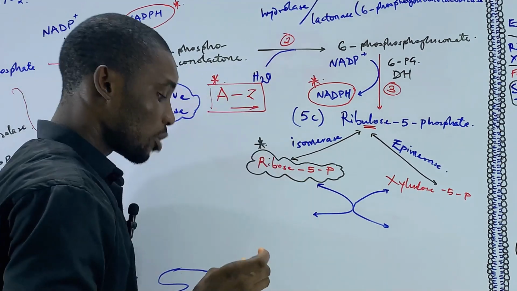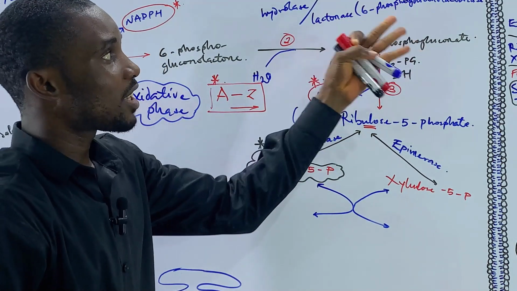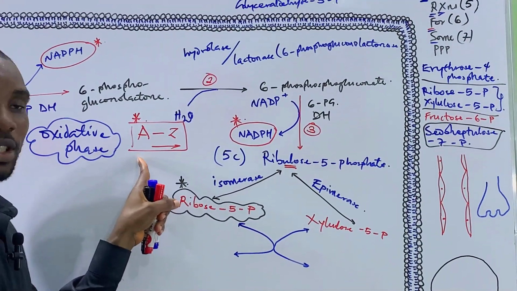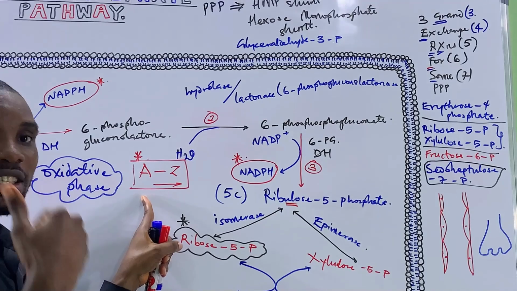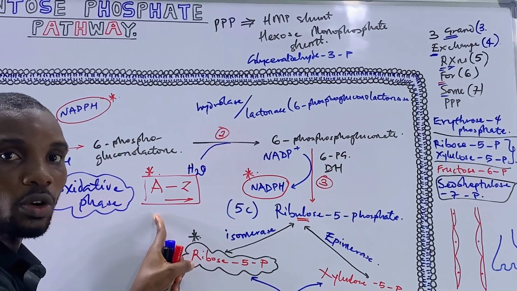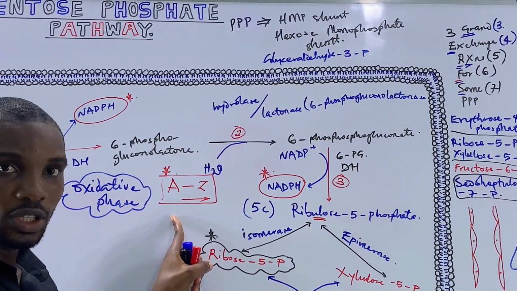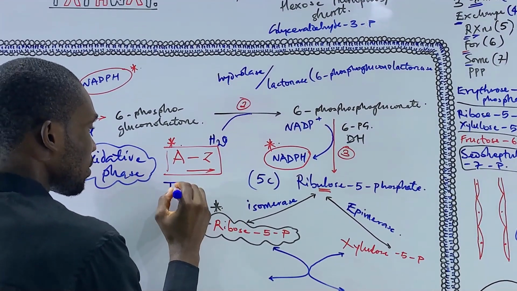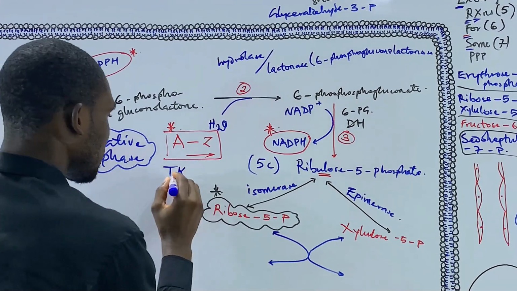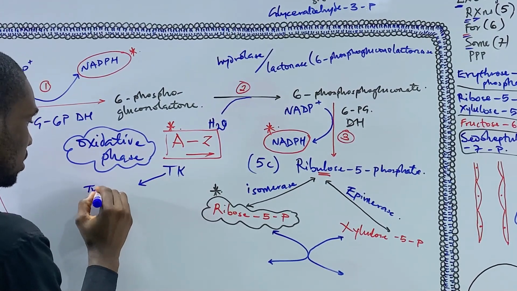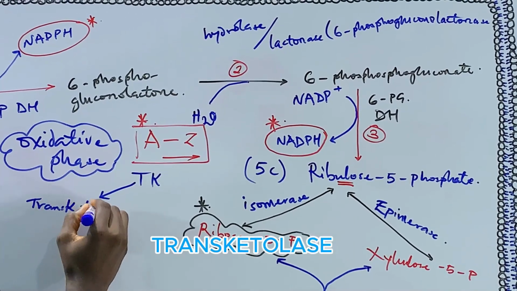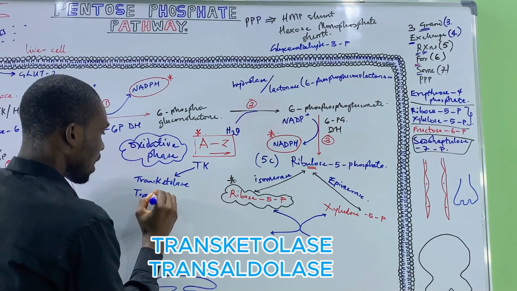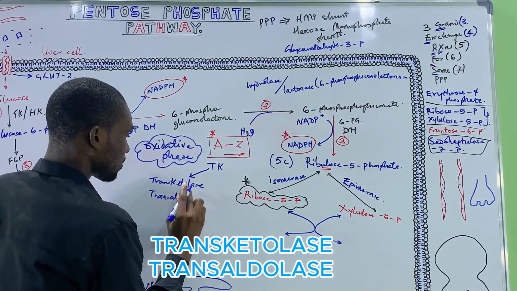Then the third thing you should remember, the first one was 3 grand exchange reactions for some PPP. The second one is the alphabetical order, which we talked about. That's the one far back transferring carbon atoms to the one closer to A. And then the third thing you should remember is that we have 2 enzymes, transketolase and transaldolase.